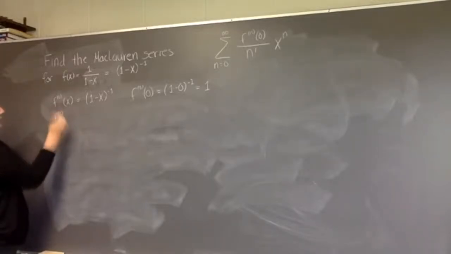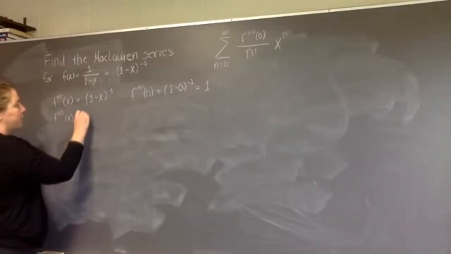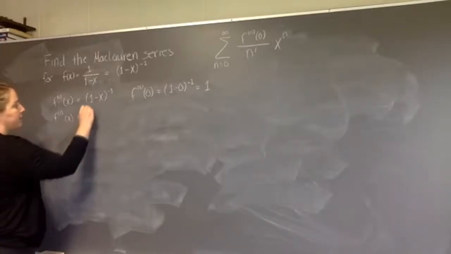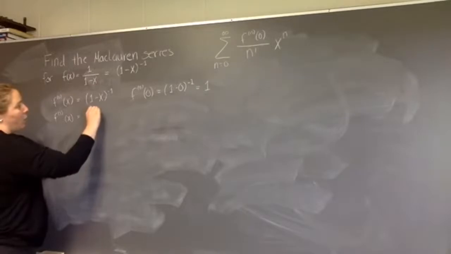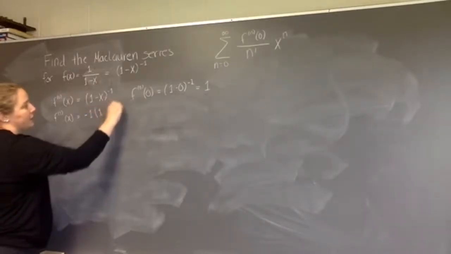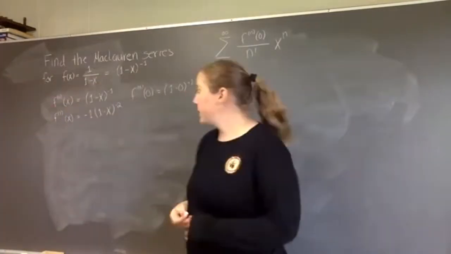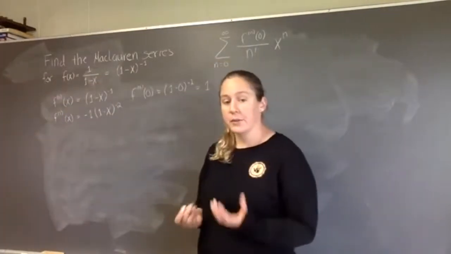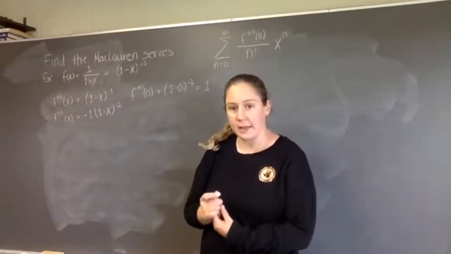The next term is our derivative, so f1 of x equals, and now I'm going to apply the power rule. So we get negative 1 times 1 minus x to the negative 2. We're not done with the derivative though, because I applied the power rule, but I also have to apply the chain rule since we have this interior function of 1 minus x.